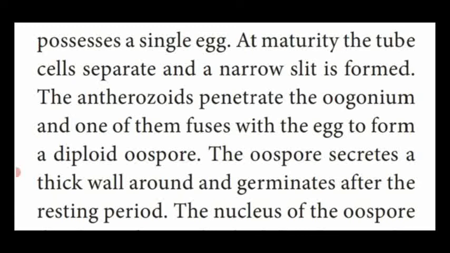Many anthrozoids enter into the oogonium via the narrow slit, but only one fuses with the egg to form a diploid oospore.